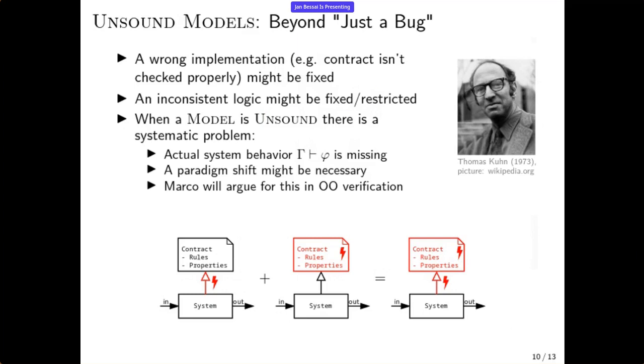So we have states of the systems or properties that hold in the actual system but are not expressed in the model. And then I would argue that unsoundness in that sense is even more than a bug, because actual behavior is missing.